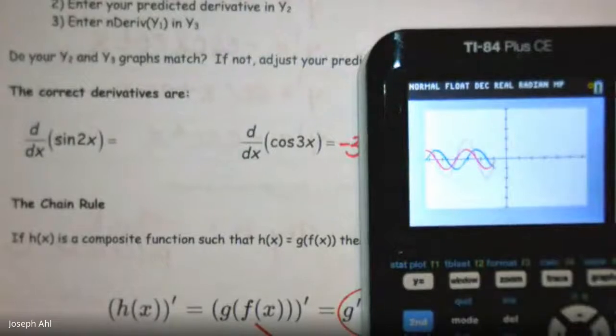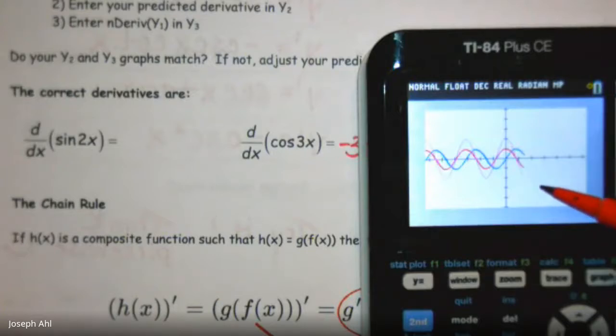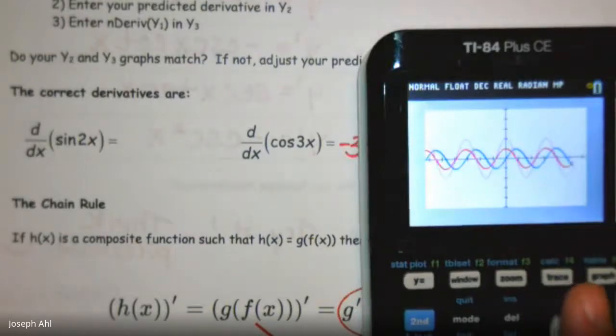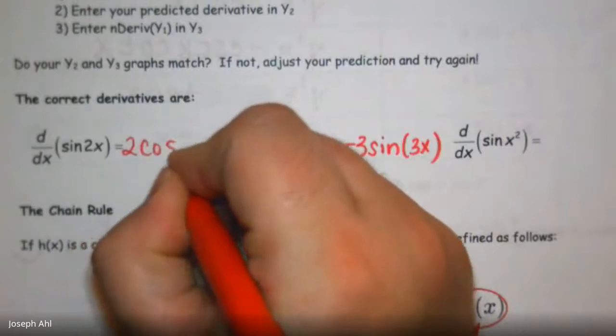It looks like this is still a cosine graph, but with an amplitude of 2 for its max height. So what we should say for the derivative is not just cosine of 2x, but 2 cosine of 2x.